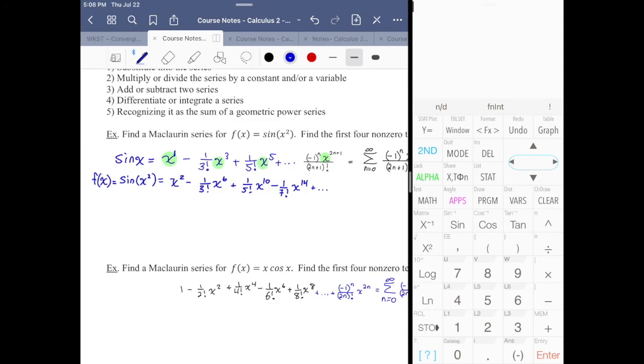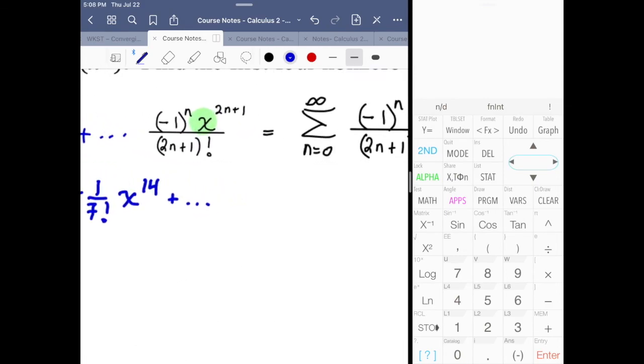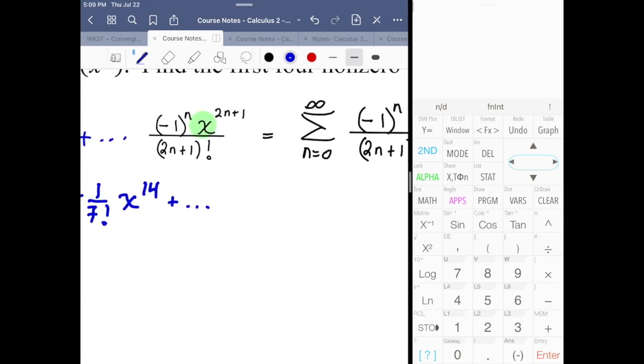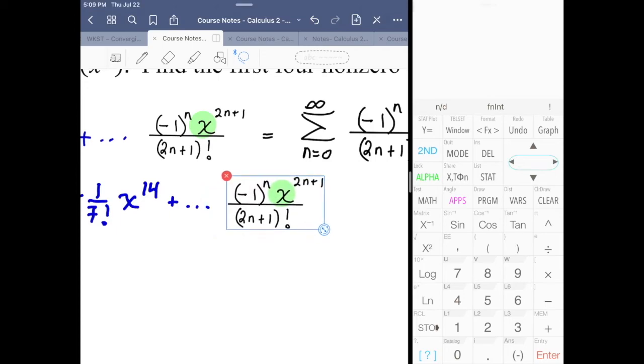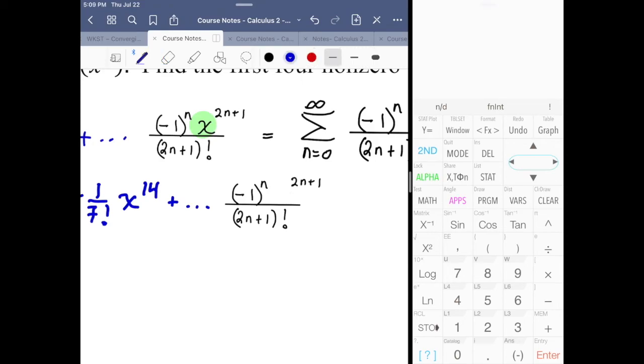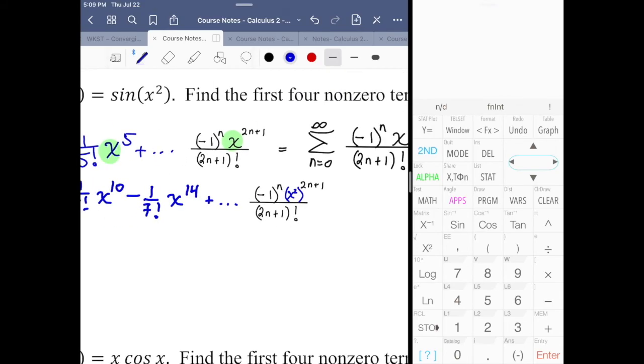Now if we go for the nth term, it's really just a matter of replacing, because everything else remained the same. So I'm going to snag this, but I'm going to replace the x with an x squared. Everything else remained the same except for that.